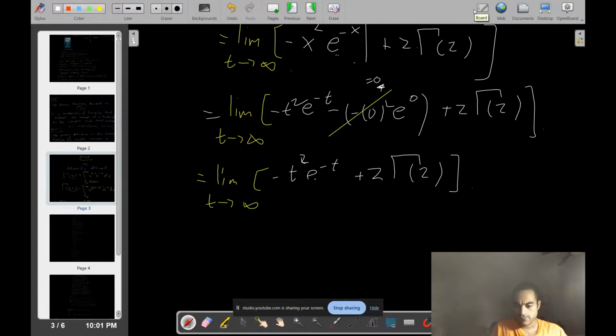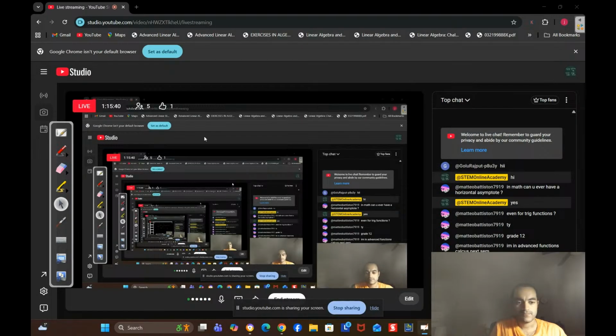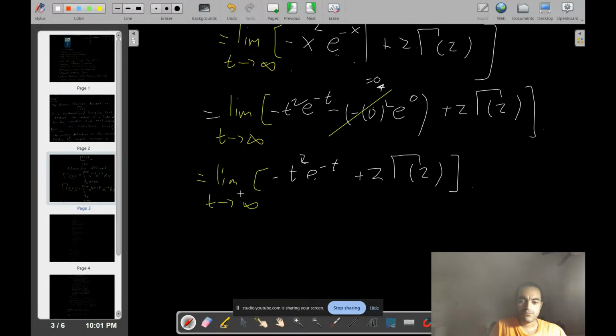For those of you who have some simple calculus background, you know this. What happens to the product t squared e to the negative t? Anybody know?